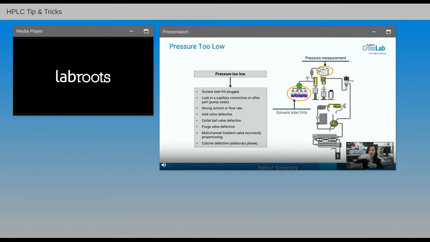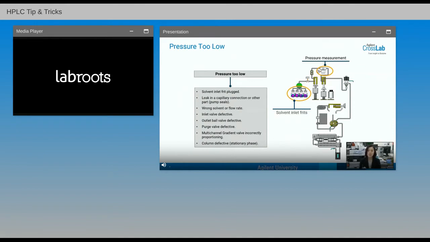When they can't draw solvents, you will see pressure too low symptoms. Other than that, it could be due to wrong flow rate or wrong solvent. Sometimes you may use the wrong solvent. You thought that it is the right one, then you realize the pressure is not right. That may be one of the reasons.